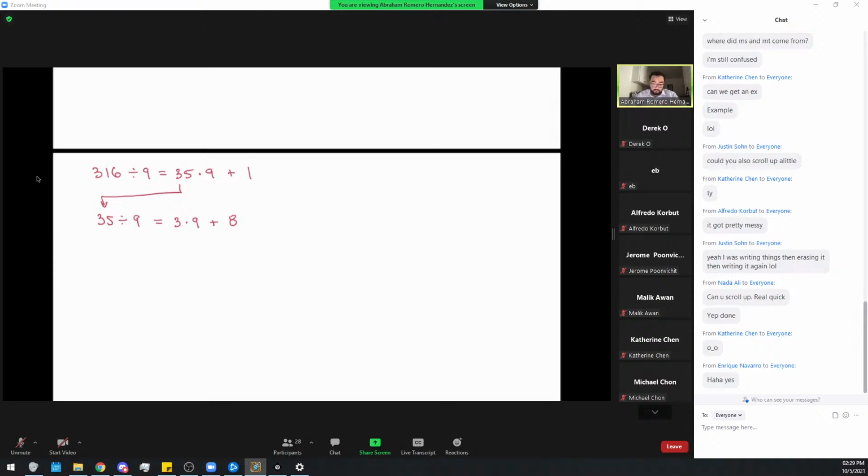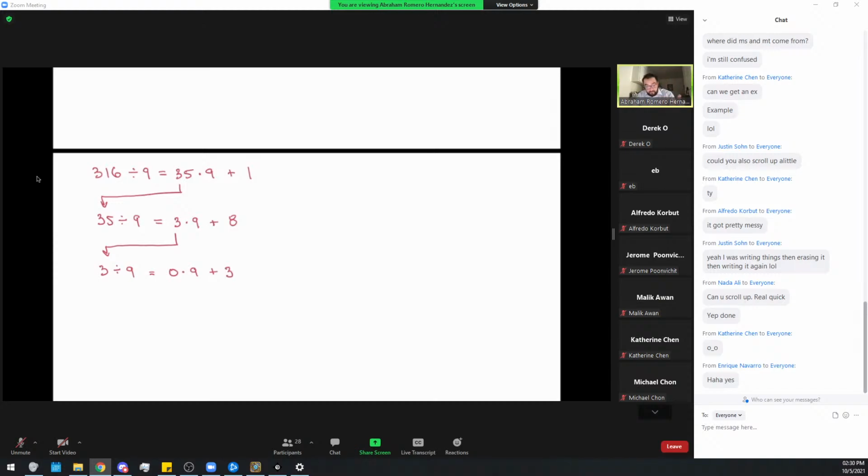We're still not finished. We take this 3 and divide it by 9. Now, what's 3 divided by 9? The closest is 0 times 9, and we get a remainder of 3, because 9 goes into 3 0 times.